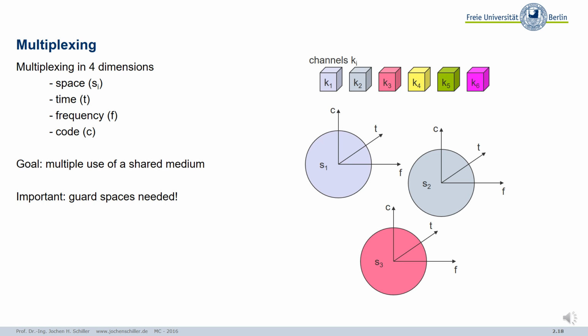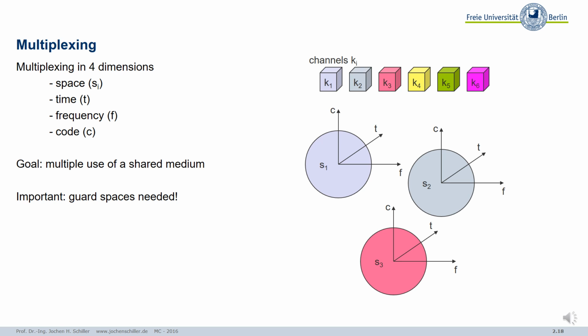If we use our laptops and tablets here, we all use the same space at the same time, more or less the same frequencies, maybe. We already learned in telematics that we can use multiplexing to separate different channels or users. And one way of separating users is space.